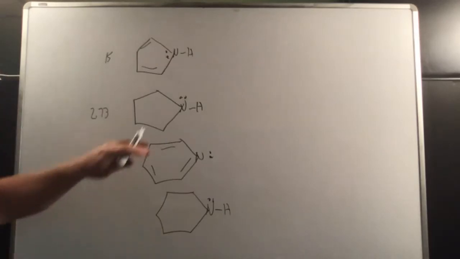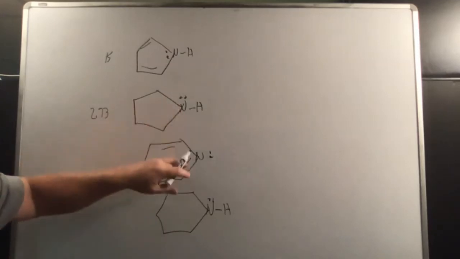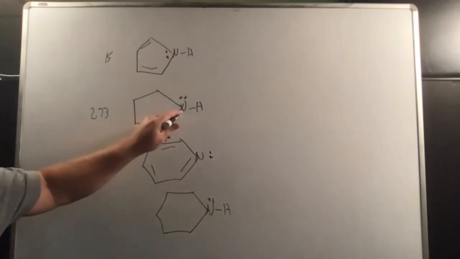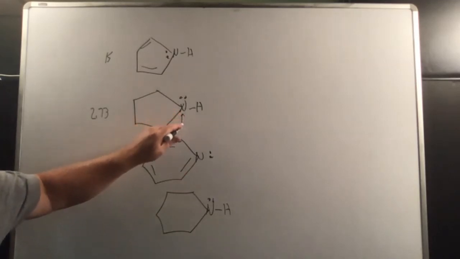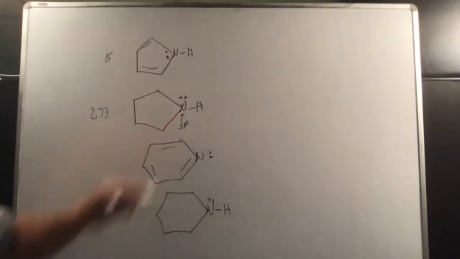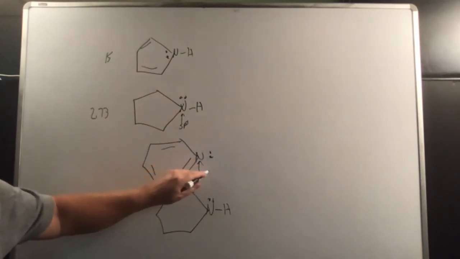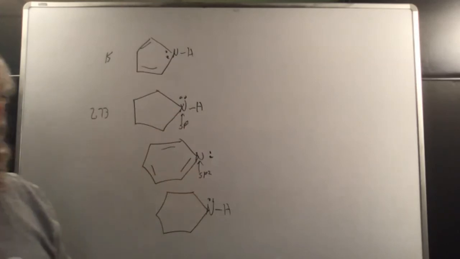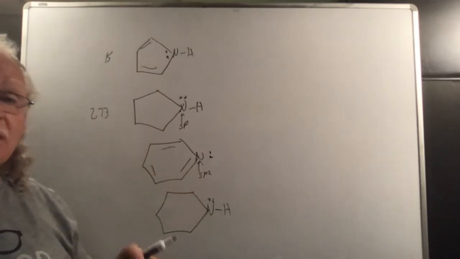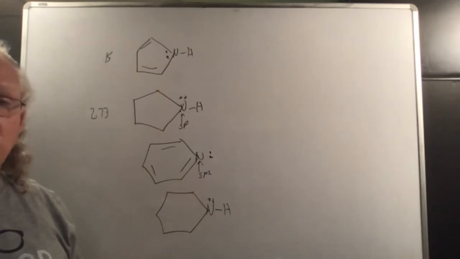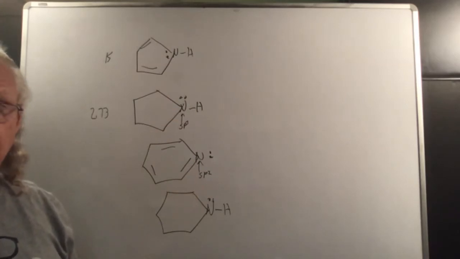Now, what's the difference between this compound and this compound? Notice on this one, the nitrogen is sp3 hybridized, and on this one, the nitrogen is sp2 hybridized. So whenever we're looking at electrons that are not in the aromatic ring, we look at the hybridization of the nitrogen normally.